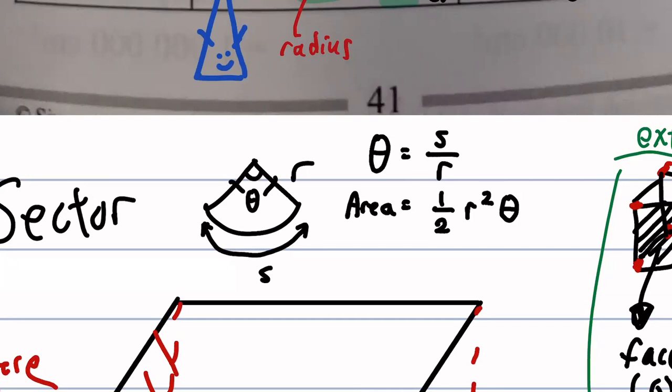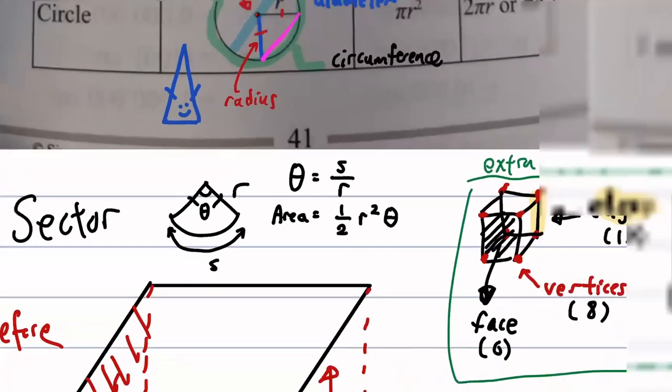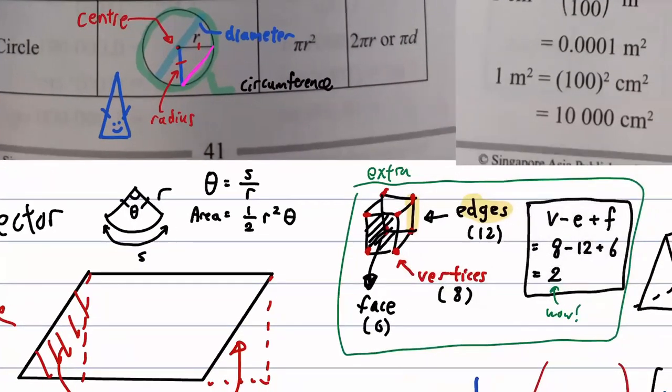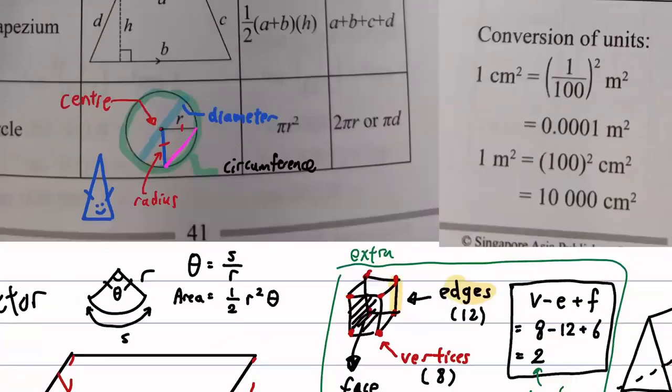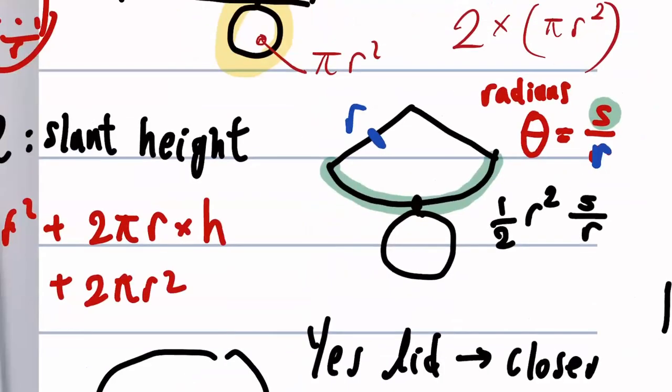If you know the formula half R squared theta, then you know how to apply it to find the curved surface area of a cone. The curved surface area of a cone, the watermelon here, must be half R squared theta. But theta is S over R, so I can replace theta with S over R. Then R squared and R cancel off, and you're left with R times S. But what's S?